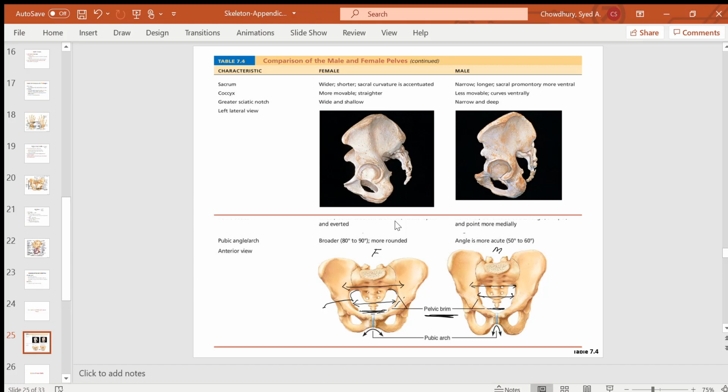So three things are wider in the female. The whole bony pelvis is wider, the pelvic brim is wider, that is the upper opening, and the outlet, the lower opening, is also wider in the female, and that helps in childbirth. So the female bony pelvis is different from the male to perform two important functions. One is childbearing, and number two is childbirth.